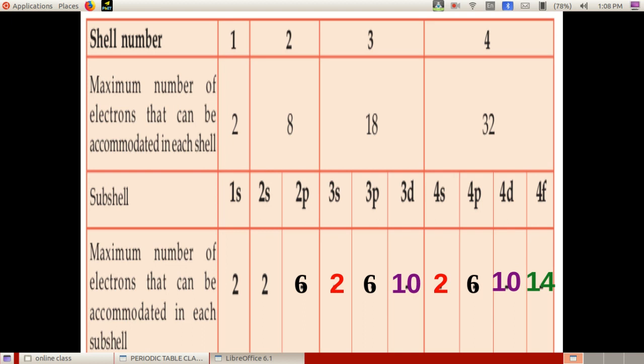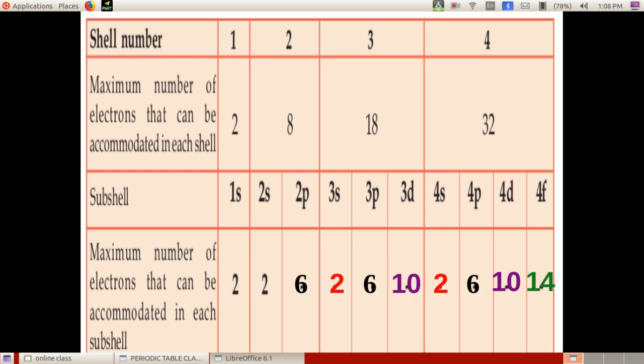It has one subshell, 1s. It can accommodate 2 electrons. In shell number 2, maximum number is 8. It has two subshells, 2s and 2p. 2s has 2 electrons, 2p can accommodate 6 electrons.